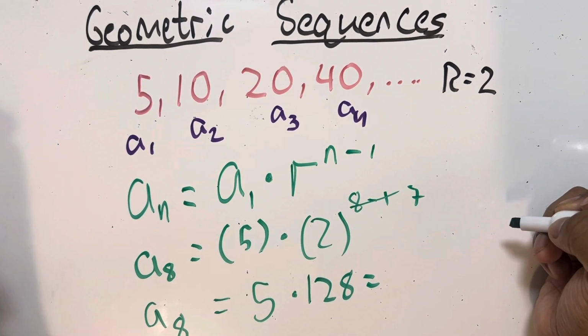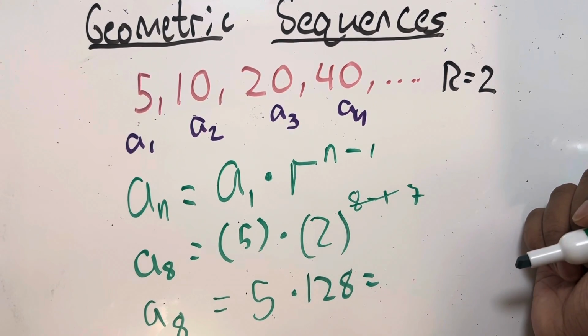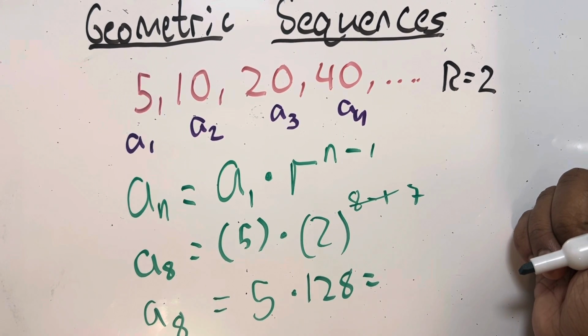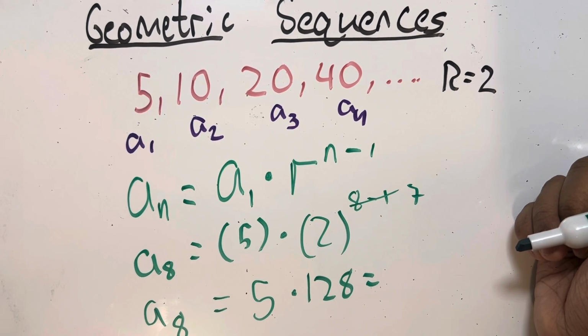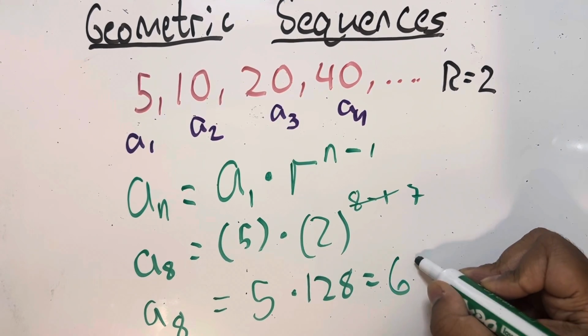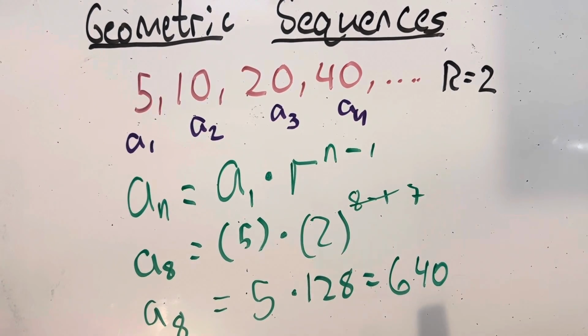Now if I multiply this, let me do some quick math in my head. 5 times 100, 30 should be 650, minus 10 should be 640. So a of 8 is 640. All right, that was pretty simple, right?